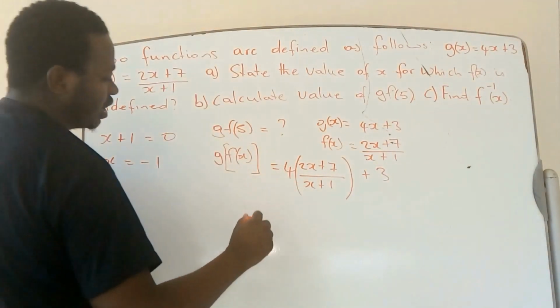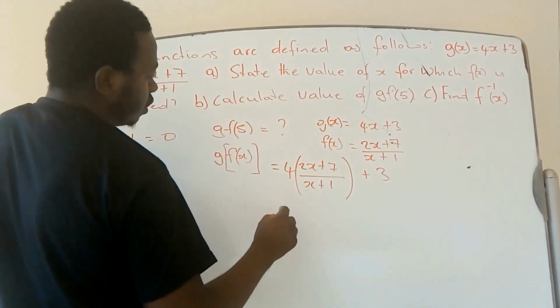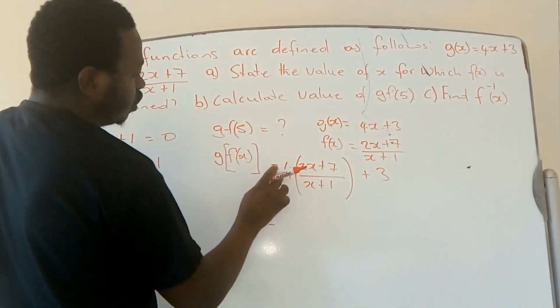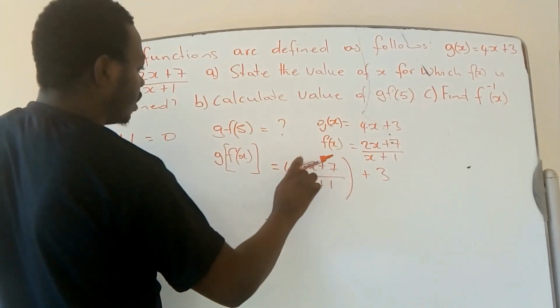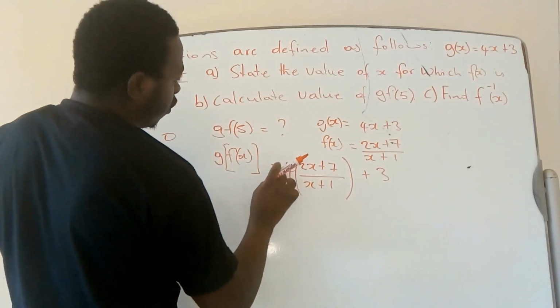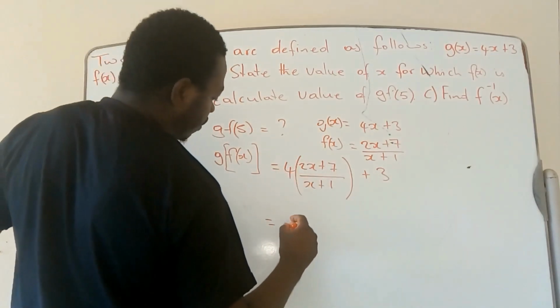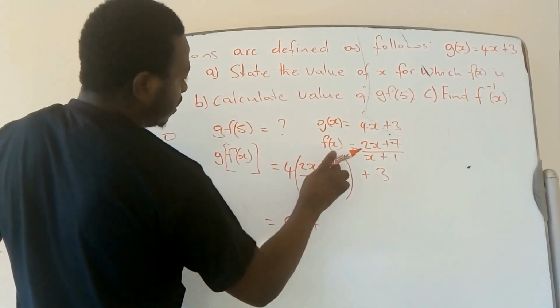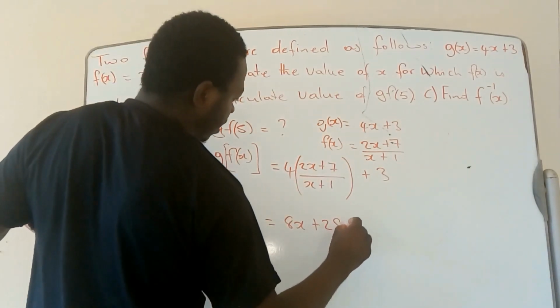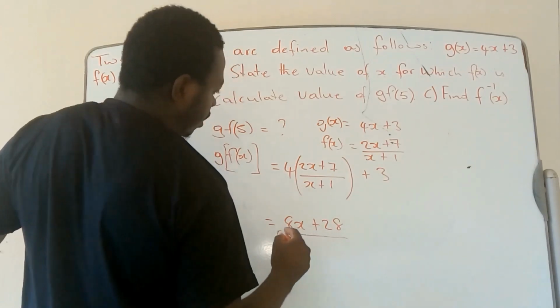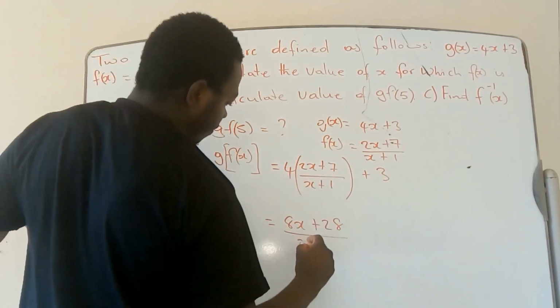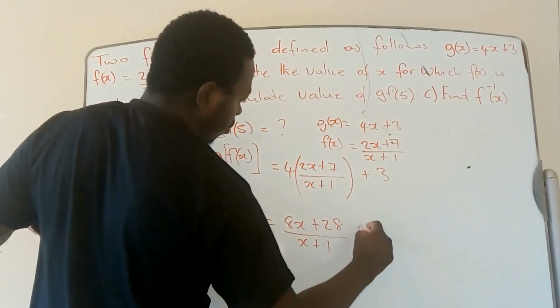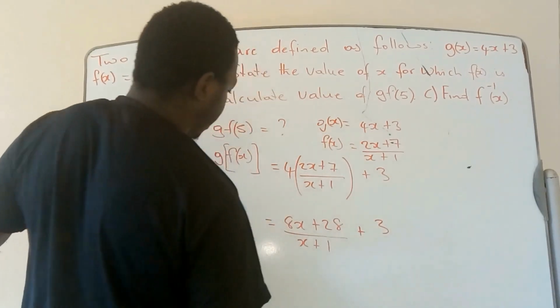So we can simplify this, which is equal to, we can take this 4 to multiply each term in the numerator. So 4 times 2x, that gives us 8x, plus 4 times 7, that gives us 28, all over x plus 1, plus 3, right?